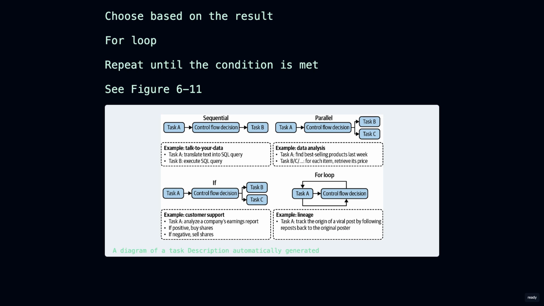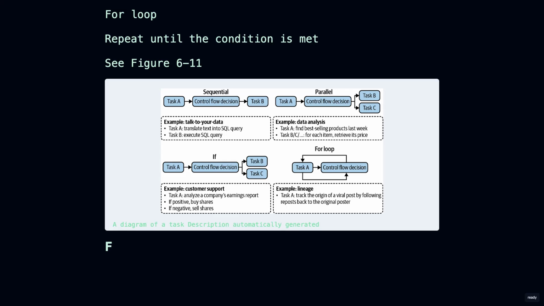Watch for the difference between a strict chain of steps, a branch, a repeat loop, and tasks that can run in parallel. This figure gives you a quick visual vocabulary for agent control flow. Once you can name these patterns, it becomes easier to design and evaluate real agent frameworks.